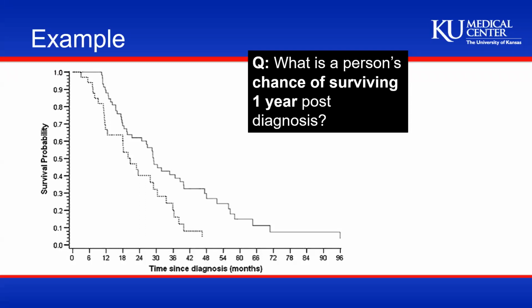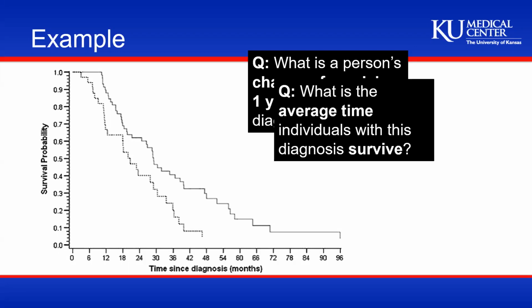So when we have questions like, what is a person's chance of surviving 1 year post-diagnosis? We might also want to know what's the average time individuals with that diagnosis survive. And we cannot answer these questions with the t-test or the chi-square test. They're not designed in that way.